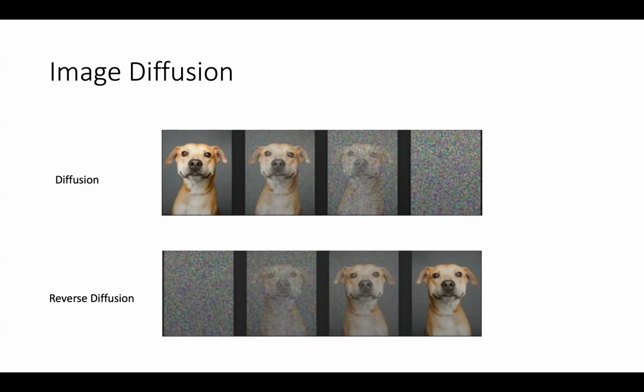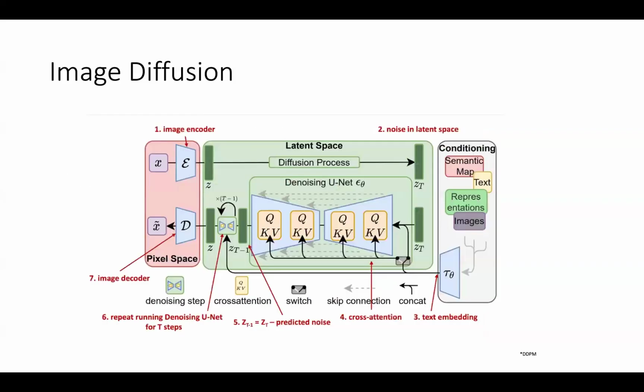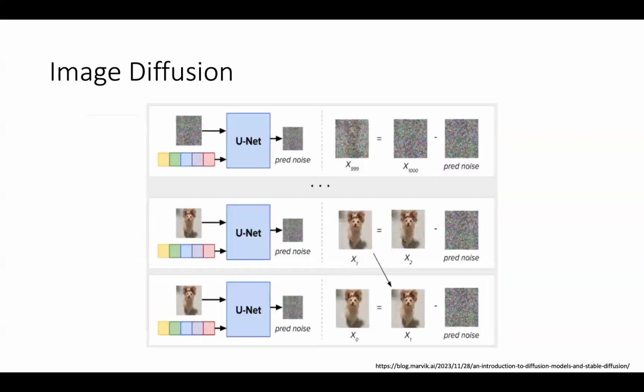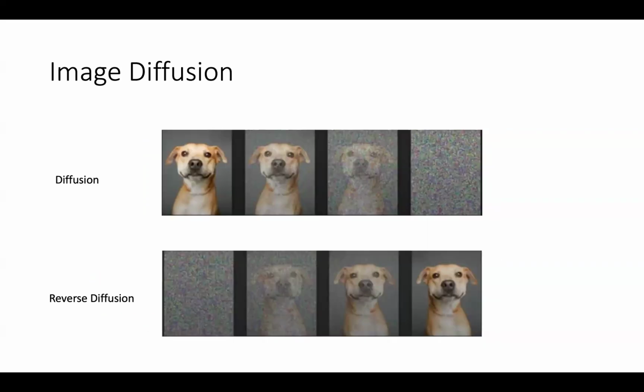Like, let's say I want to create a dog. Generally, you just give a text embedding along with noise. So in the image diffusion process, there are two approaches: forward diffusion and reverse diffusion.